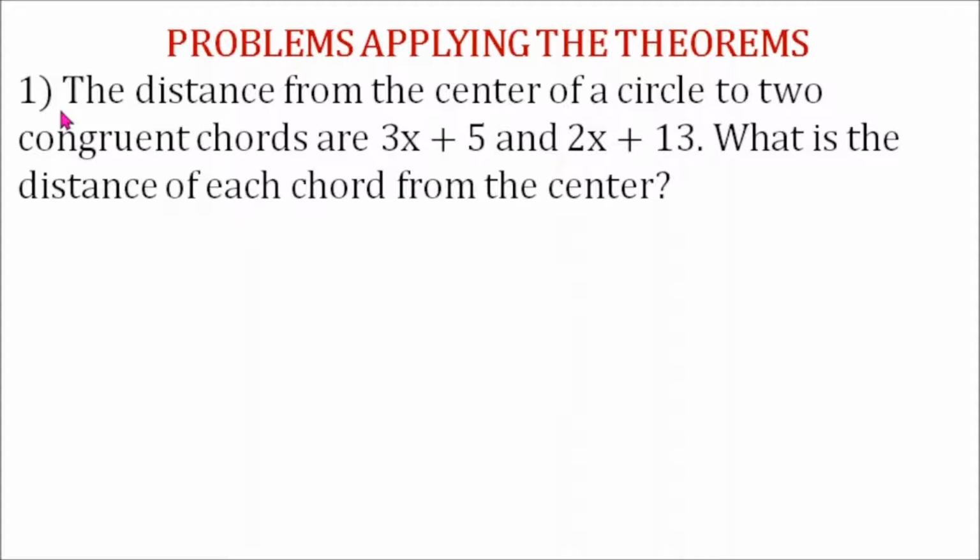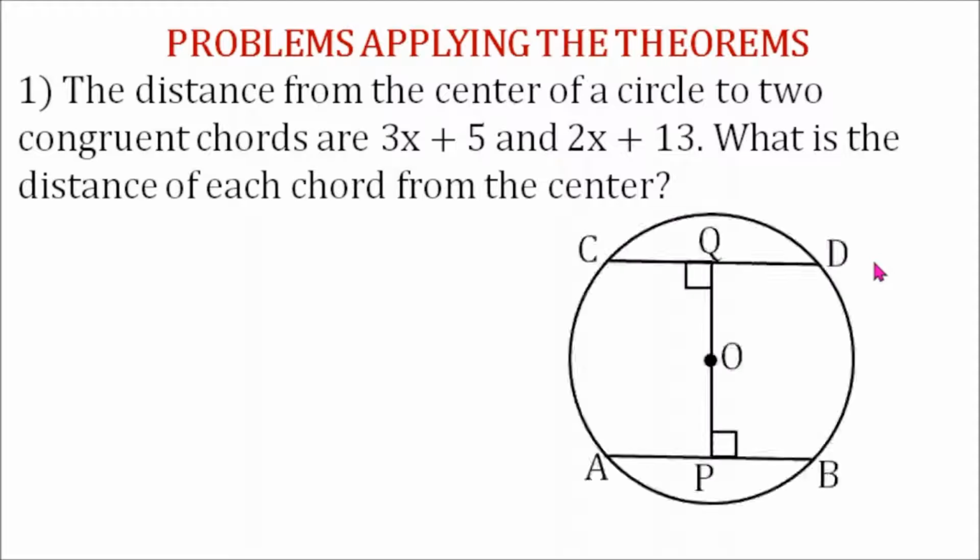Problem number 1. The distances from the center of a circle to 2 congruent chords are 3x plus 5 and 2x plus 13. What is the distance of each chord from the center? So this is our illustration.